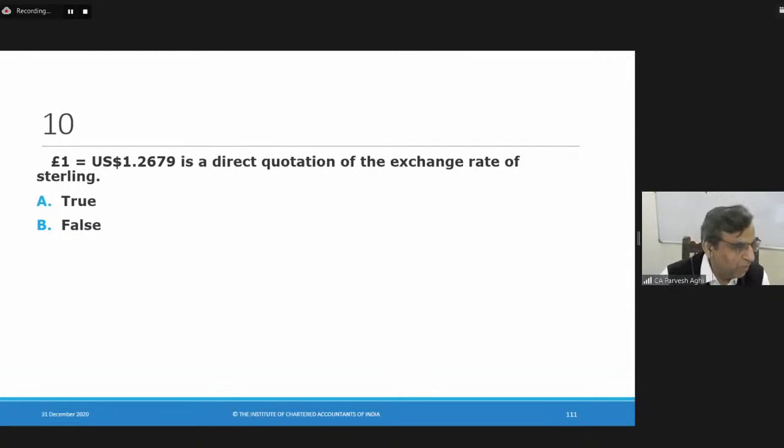The last question of the MCQ. 1 pound is equal to so many dollars, 1.2679, is a direct quotation of the exchange rate of sterling. Is it a direct quotation or indirect quotation? I mean, is the answer true or false?